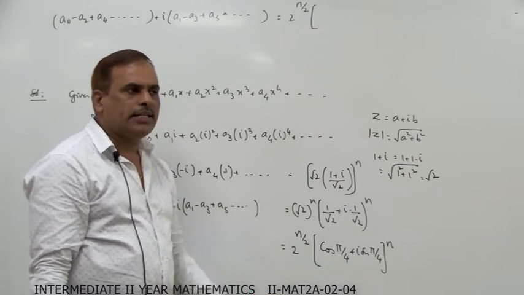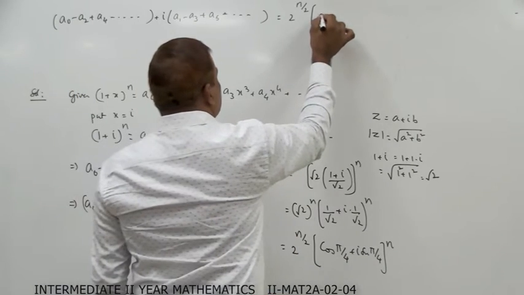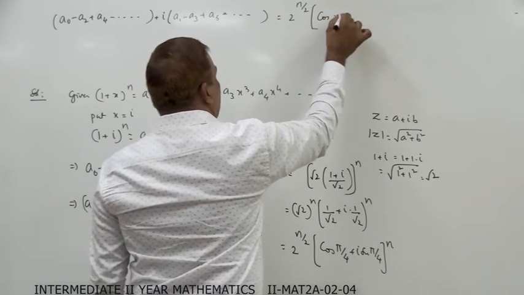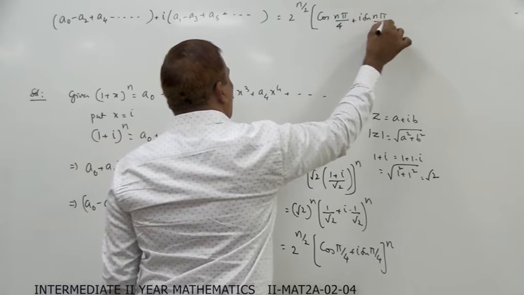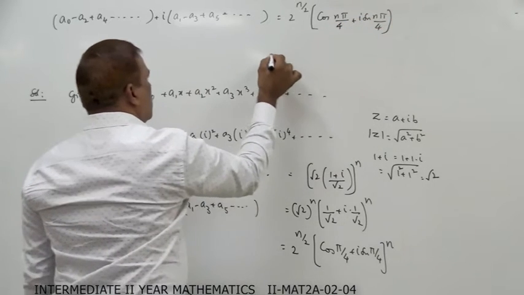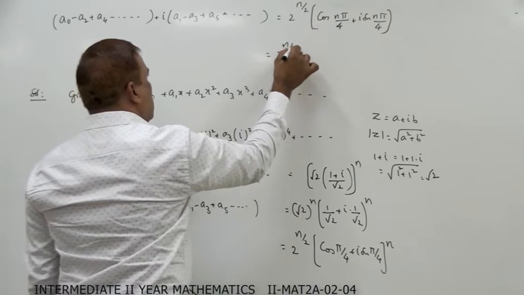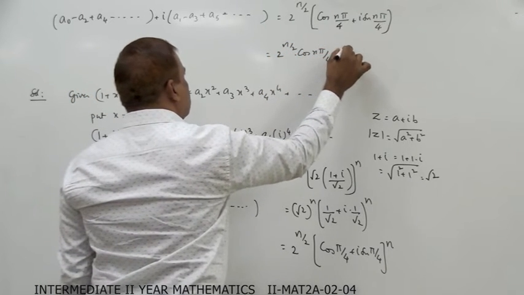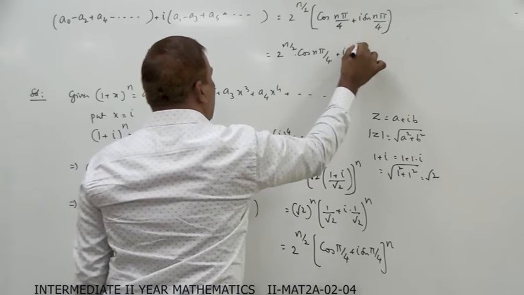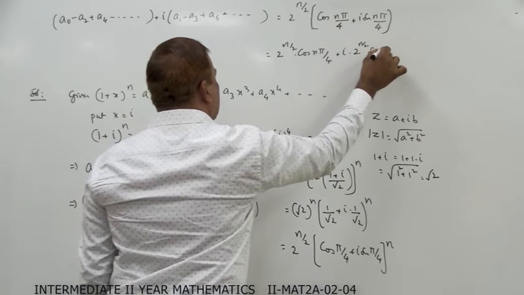(Cos theta plus i sin theta) whole power n is cos n theta plus i sin n theta, that is cos n pi by 4 plus i sin n pi by 4. This is 2 power n by 2 into cos n pi by 4 plus i into 2 power n by 2 into sin n pi by 4.